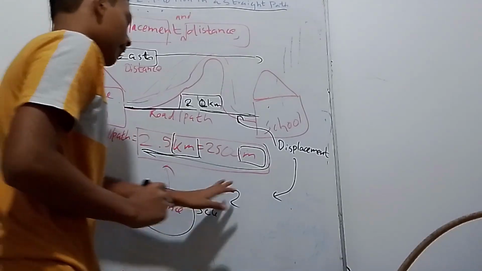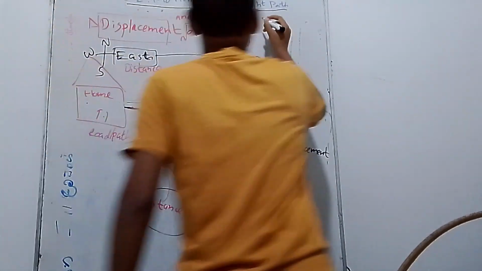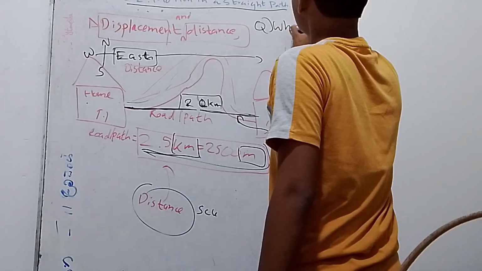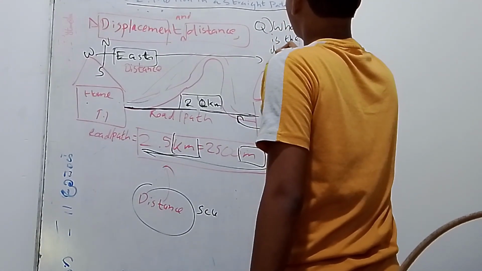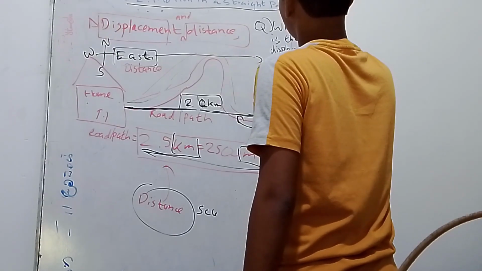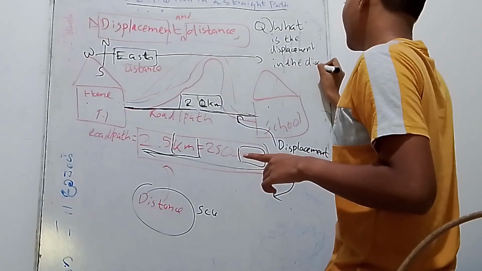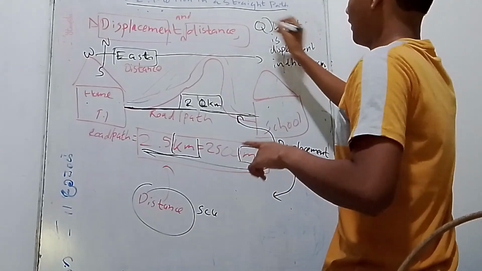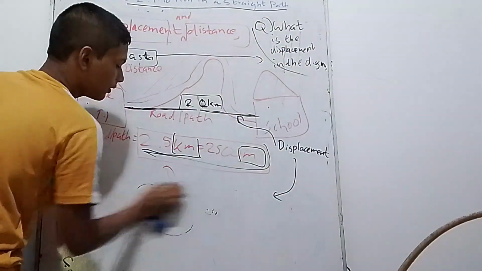If a question says, what is the displacement in this diagram, we have to write the answer like this. So this is the question. The answer would be like this. Wait, I will erase the distance part.